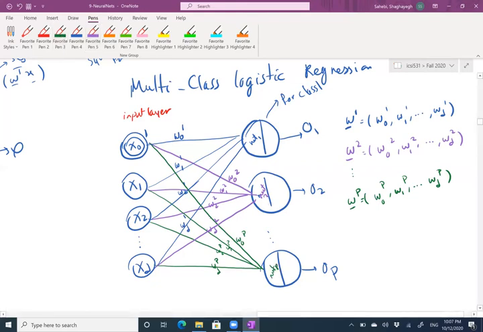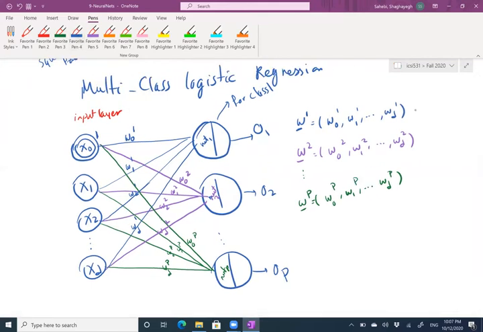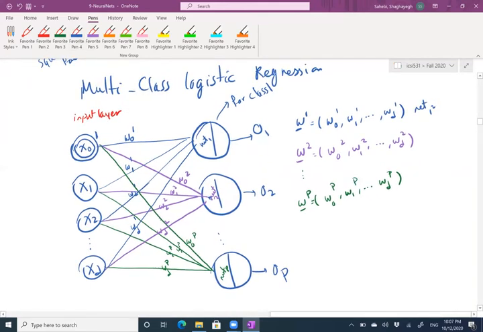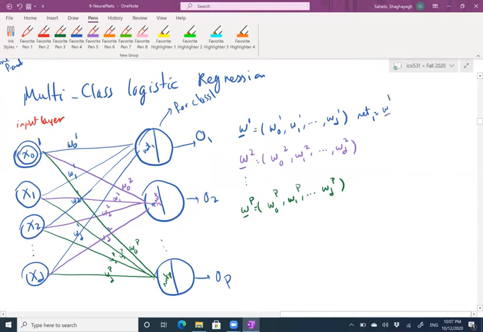So net 1 is W1 transpose X, and net 2 is W2 transpose X, and net P is going to be WP transpose X. The notation is a little bit messy, but you get the idea, right?